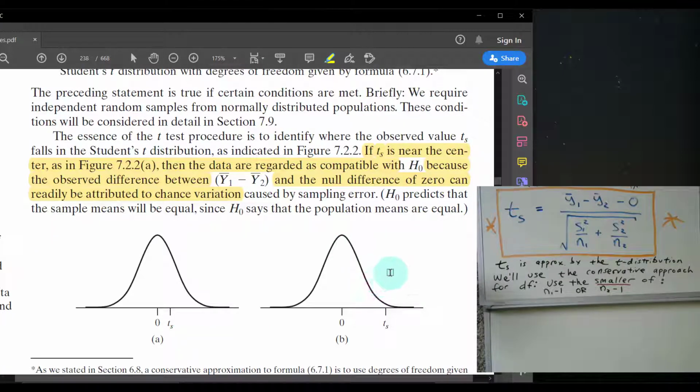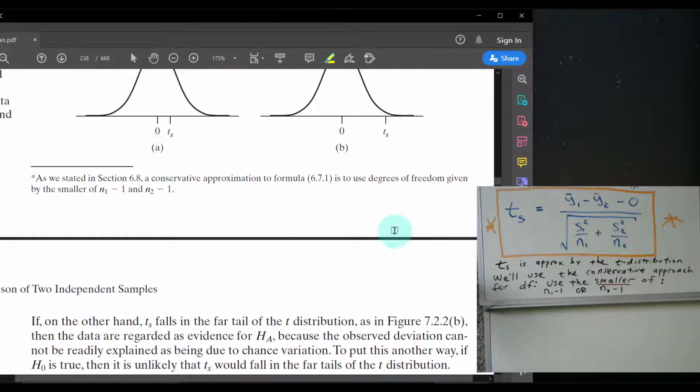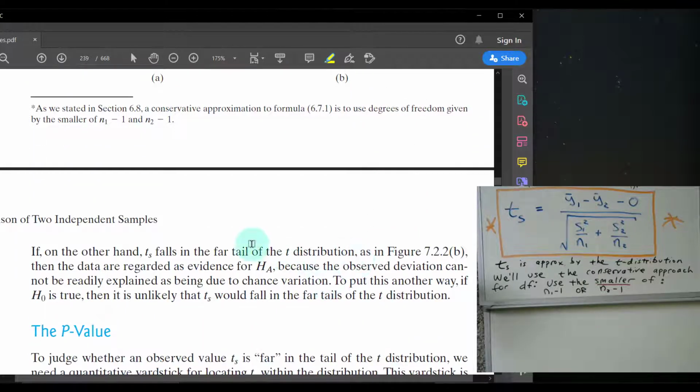Well, what then would be considered evidence that supports the alternative hypothesis, that there is a difference? If there was a considerable difference between two population means, then we would expect that our test statistic would fall in the far tails of the t-distribution.